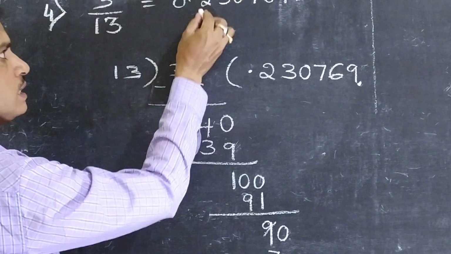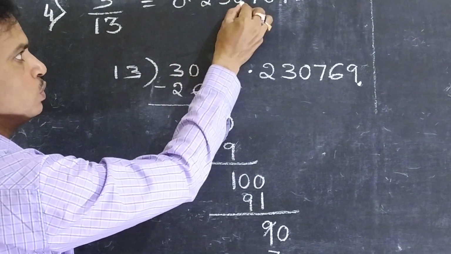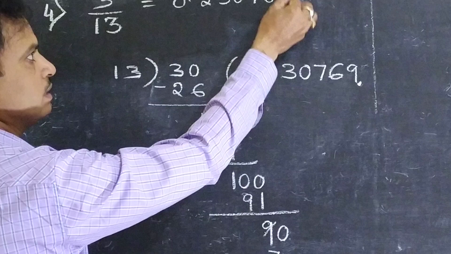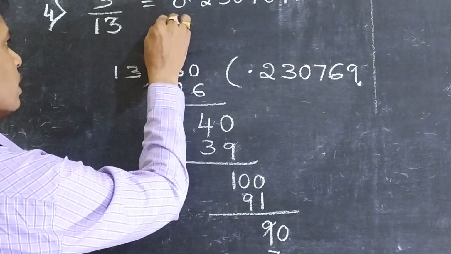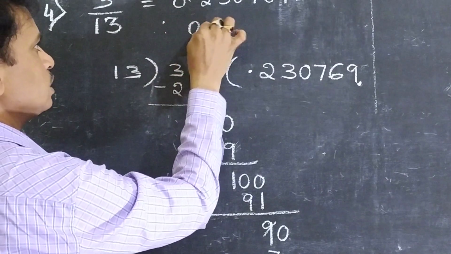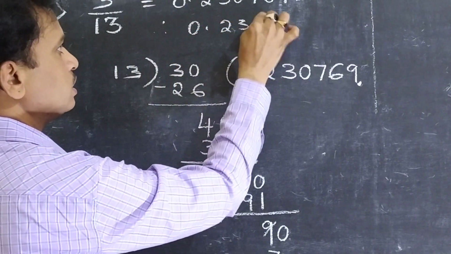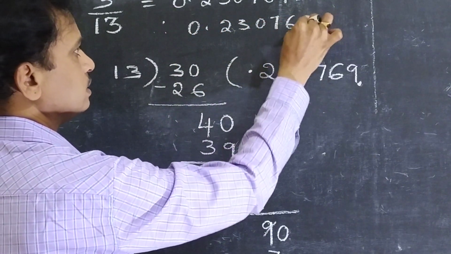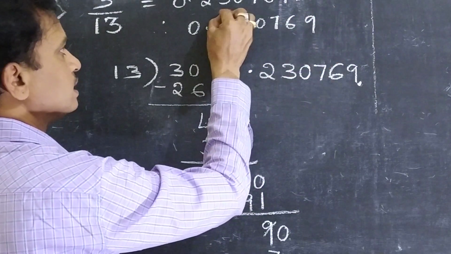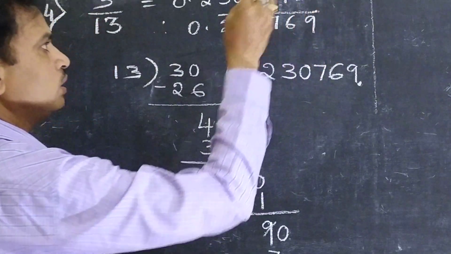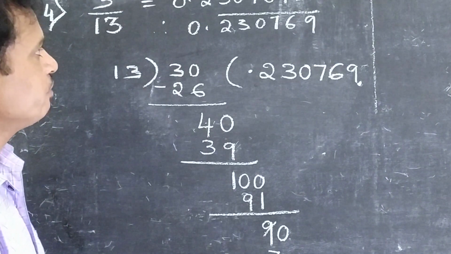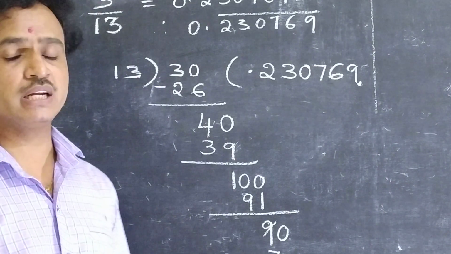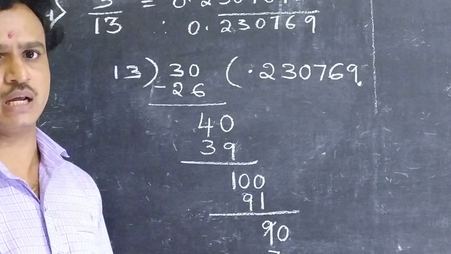So here how many digits are repeating? 1 2 3 4 5 6. That means till 9. Okay. So therefore this can be written as 0.230769. So this many digits are repeating. So over all those digits we have to put the bar. Now we have to identify whether it is terminating, non-terminating and recurring.